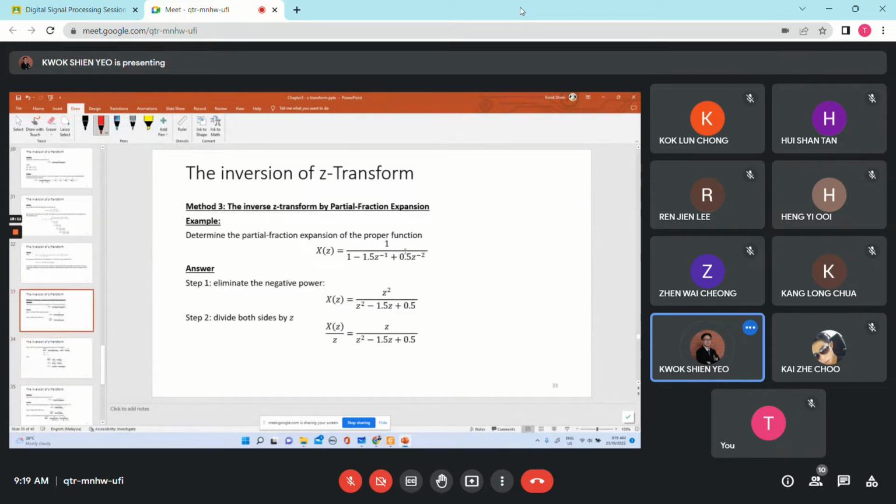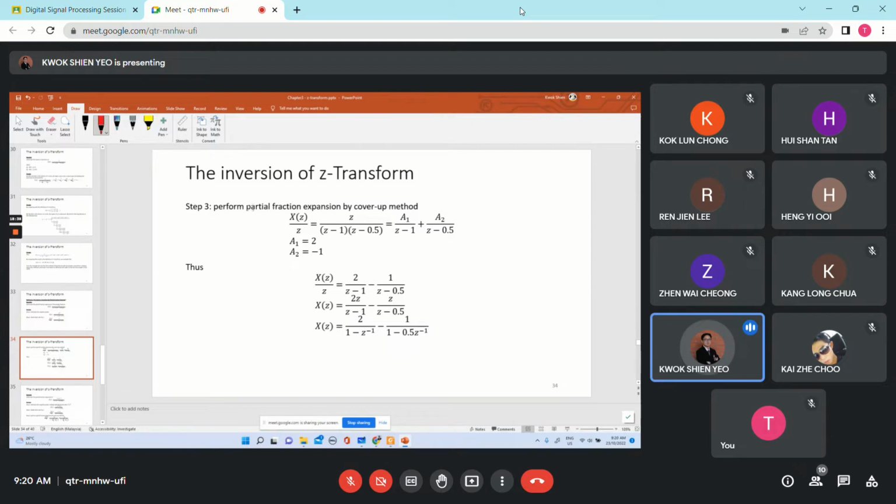Okay, right. So let's say you got this HZ equals 1 over something now. Because the table doesn't have this form, if you check the table, how do I do the inverse Z transform for HZ? The table doesn't have this form, so you need to do partial fractions. First step, eliminate the negative power, and then divide both sides by Z. After that, do the partial fraction expansion by the cover-up method.